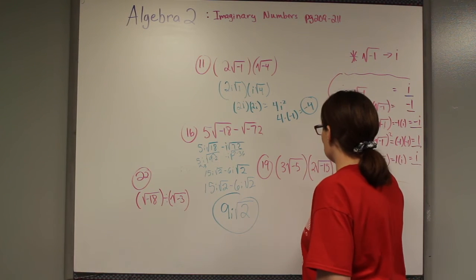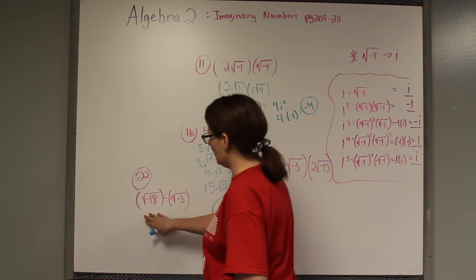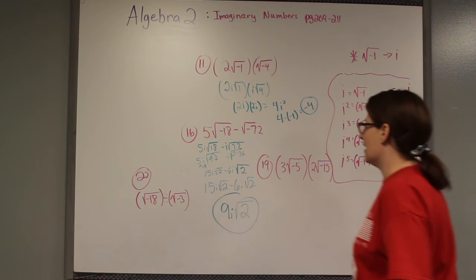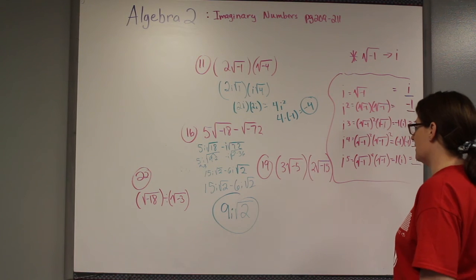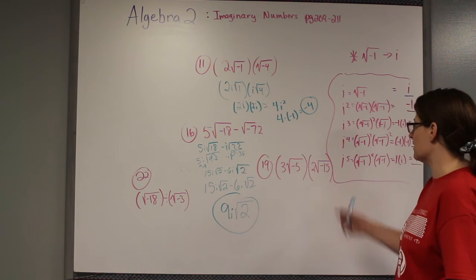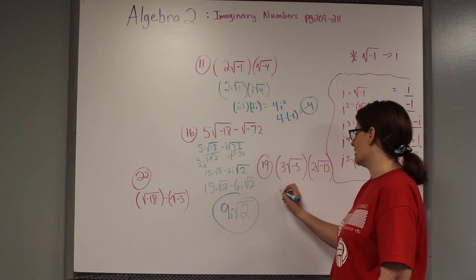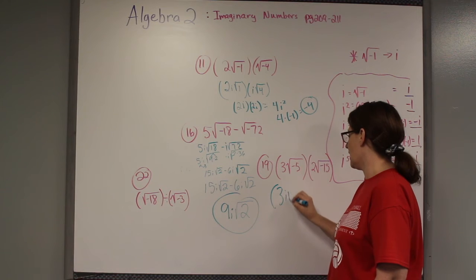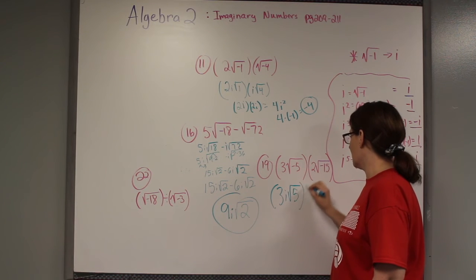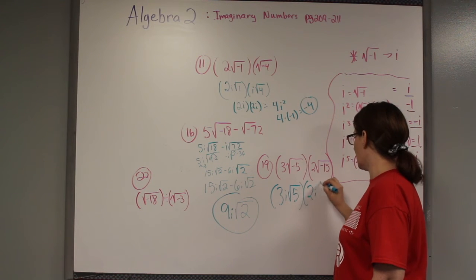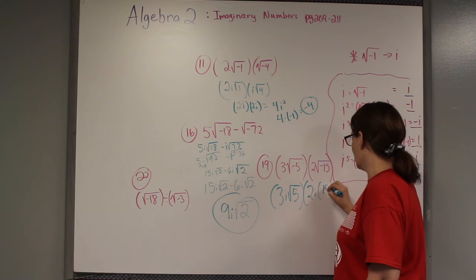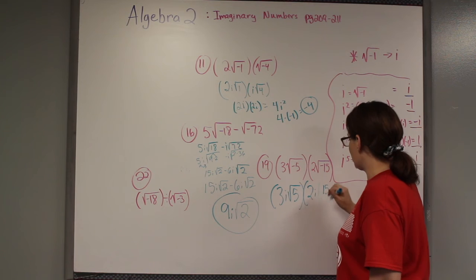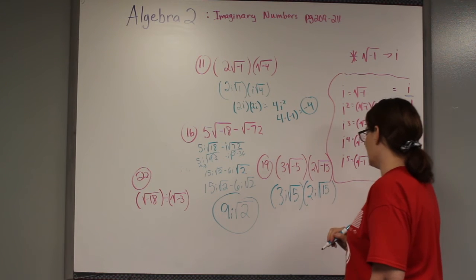We're going to look at 19, which is multiplication, and then we'll look at 22, which is a division, and be done. So with this one, again, we're going to pull the i's out. So I will rewrite my problem as 3i radical 5 and 2i radical, well, that's not a radical, that's a parenthesis, radical 15.